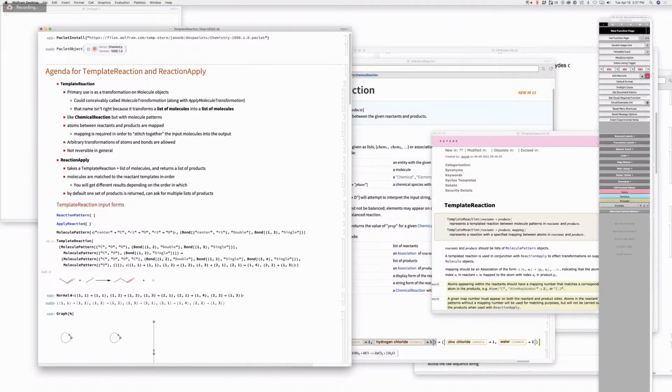No. So that's what I'm saying: with reaction pattern and apply reaction, it should be able to take a chemical reaction in addition to a reaction pattern. But the things need to match verbatim. They need to match Q, not contain Q, whereas with a reaction pattern, they're not exact.